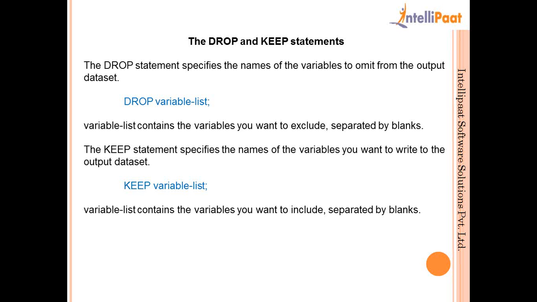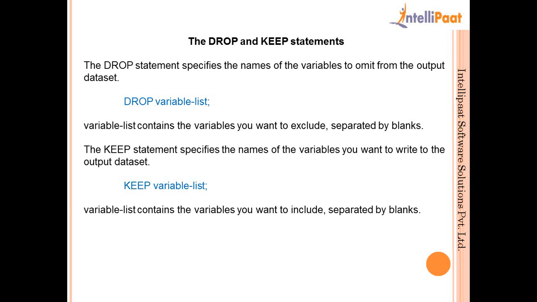Drop if you want to exclude, keep if you want to include into the output data set, right? Drop if you want to exclude variables separated by blanks, keep which you want to include into the output data set, right? Further, I'll be talking about how we can use these keywords with both input and output.